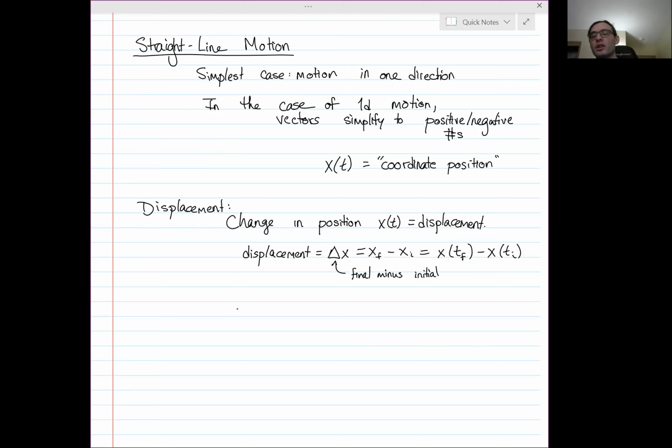Whereas if the displacement was a positive number, that would mean that the final position is however many meters to the right of the initial position. It's an important distinction. So what plays the role of direction when we're talking about one-dimensional motion is positive versus negative. That's how you know what direction the thing is moving in, or whatever process is happening.